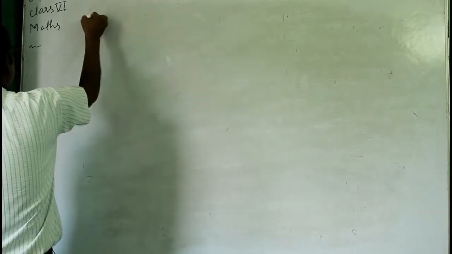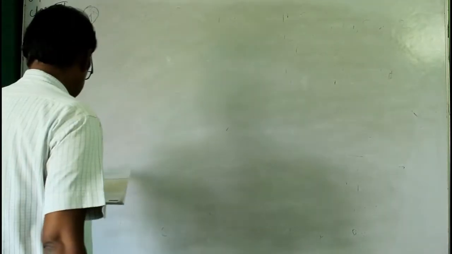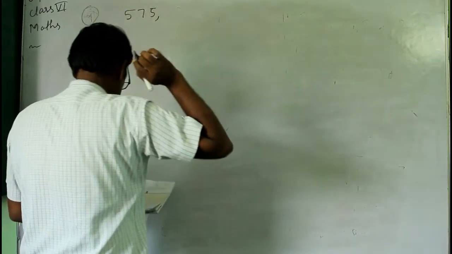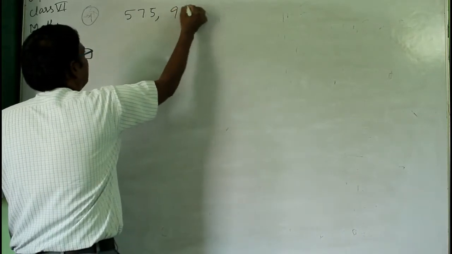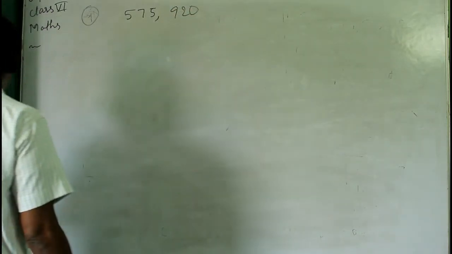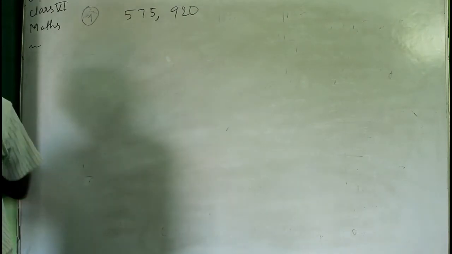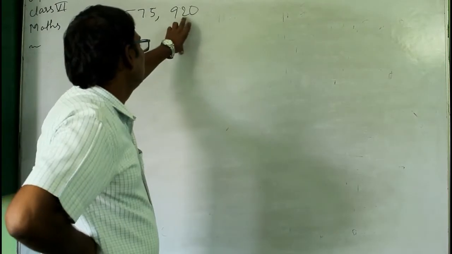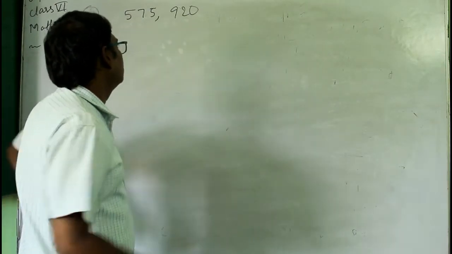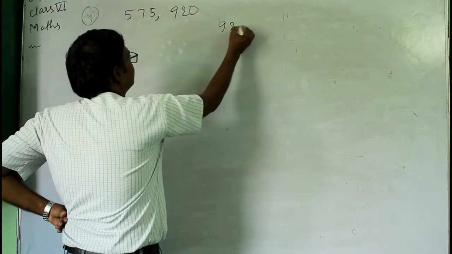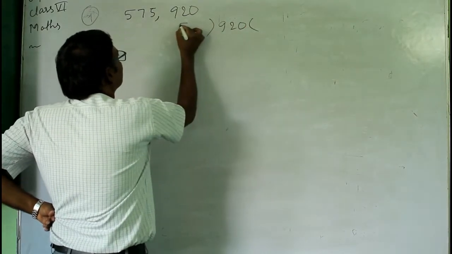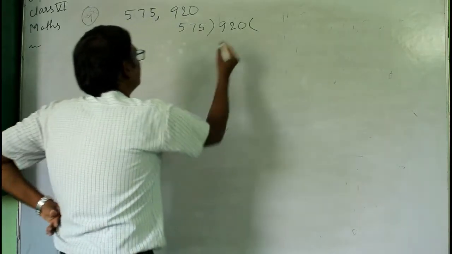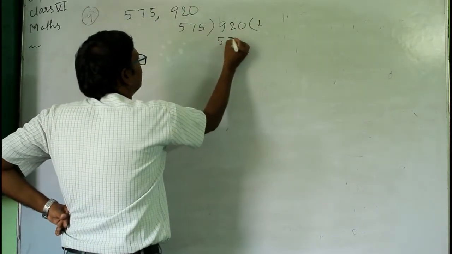Question number 4: here the numbers are 575 and 920. We have to find the HCF of these two numbers by using the long division method. Here you will divide the larger number by the smaller number. So divide this by 575. This number will go by 1. So write here 1 and then write here 7.